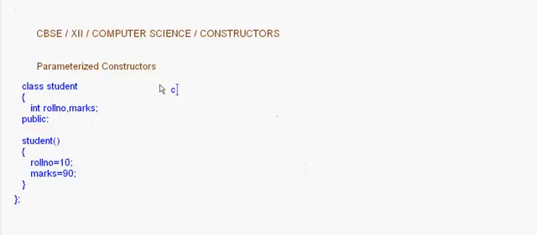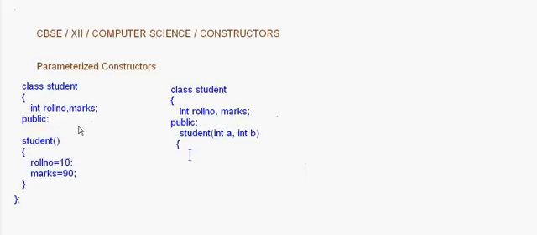Now I'm going to write the same class student again, but now here we are going to make a constructor which is going to accept parameters. Now look at this. This is the constructor here, student, and here I say int a comma int b, like this. So this constructor is accepting two integer parameters, whereas this one which I have written over here, this is not accepting any parameters, right?